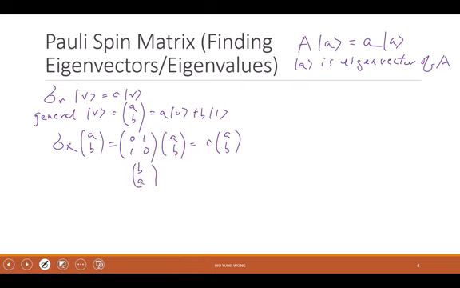The left-hand side is (b, a), and the right-hand side is just a regular multiplication: (ca, cb). Now, if these two vectors are the same, their components need to be the same, right? This basically says that on the left, this vector has b components of 0 and a components of 1. On the right, this vector has ca components of 0 and cb components of 1, right?